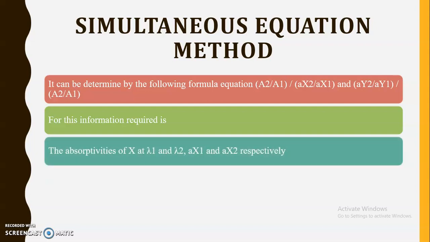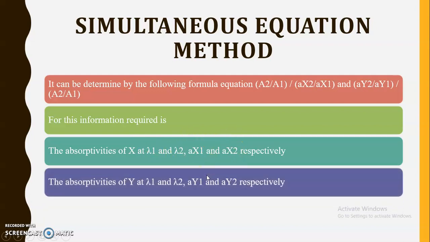The information required is the absorptivities of X, our drug, at lambda 1 and lambda 2, known as AX1 and AX2. Then the absorptivities of Y at lambda 1 and lambda 2 respectively, which we call AY1 and AY2.